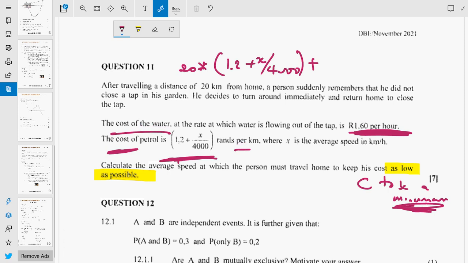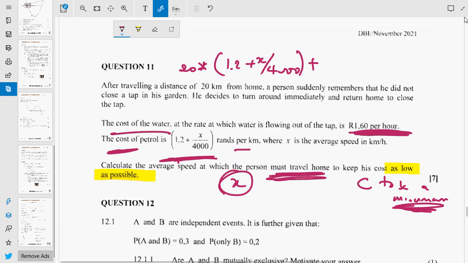But I don't know how long it took this person to go back home, because the question is looking for the average speed at which this person must travel home, which is x.